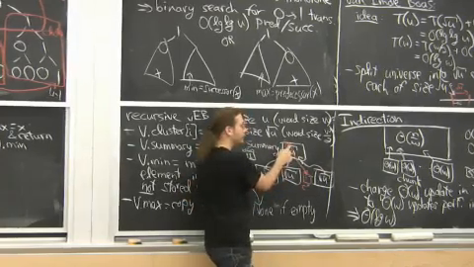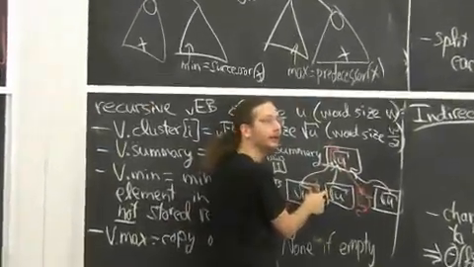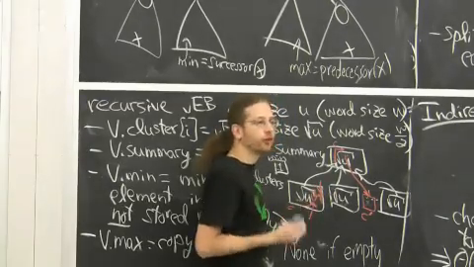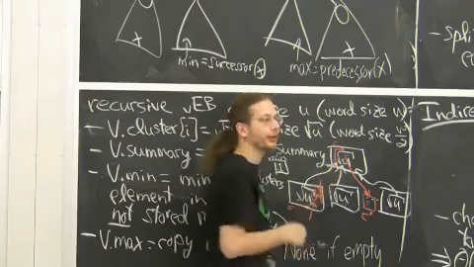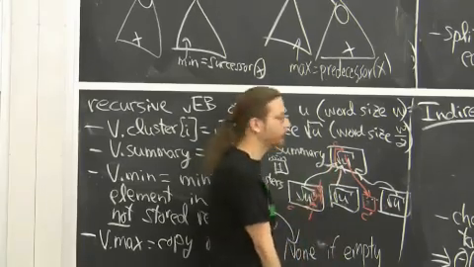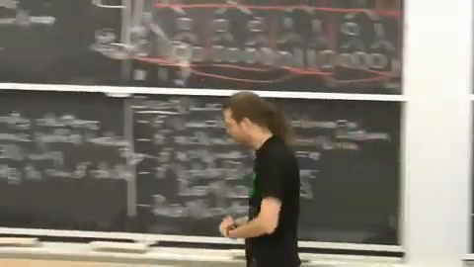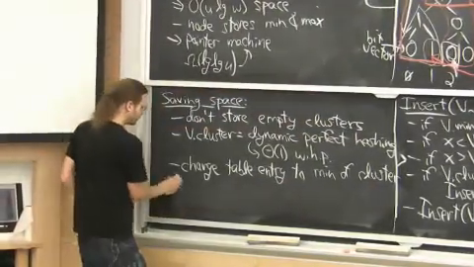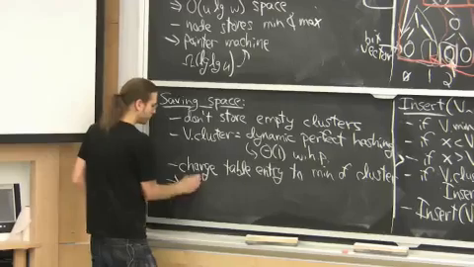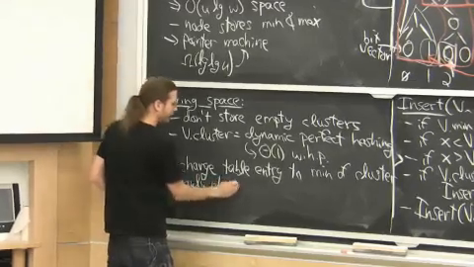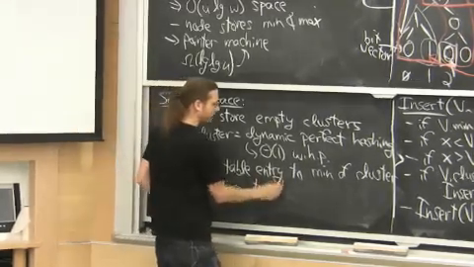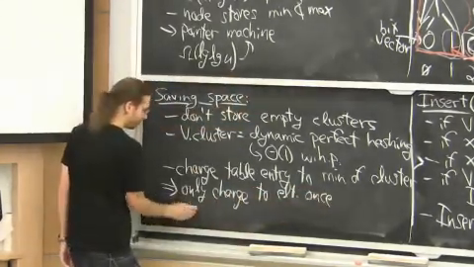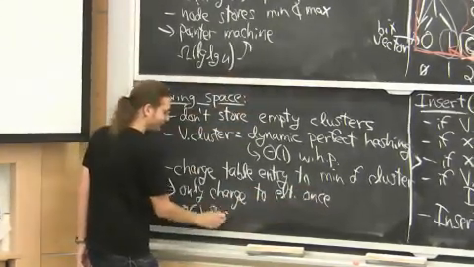Charge the space up here to store the pointer to that min item. Then each min item only gets charged once, because it only has one parent that has a pointer to it. So you only charge each element once, and that's all your space. So that's order n space. Done.